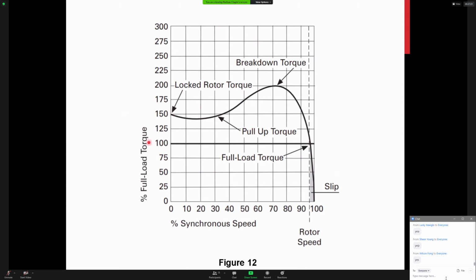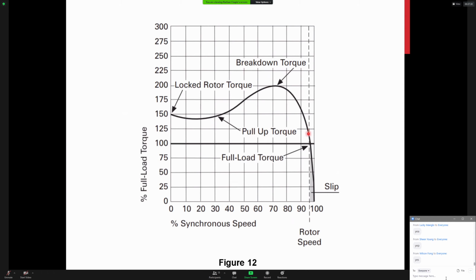So the way this diagram works is over on the left-hand side, this is zero synchronous speed, which means nothing is spinning. So this would be the instant of startup. The instant you energize the stator, it's going to draw current. It's going to make torque based on the rotor characteristics. That torque will dip as it accelerates. It's going to reach a peak, which we call our breakdown torque.